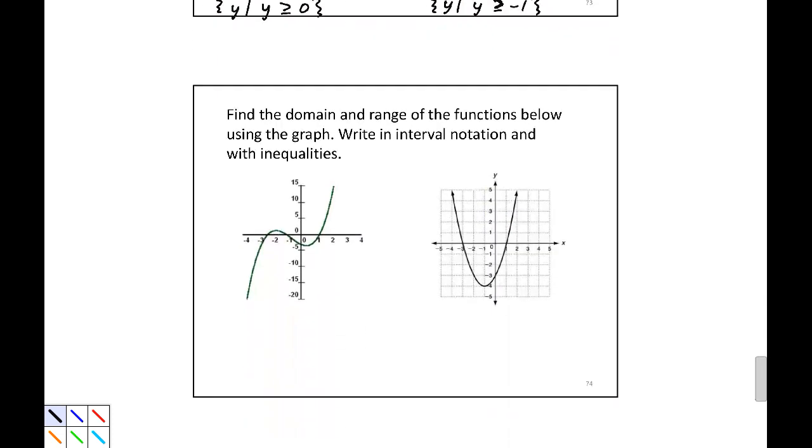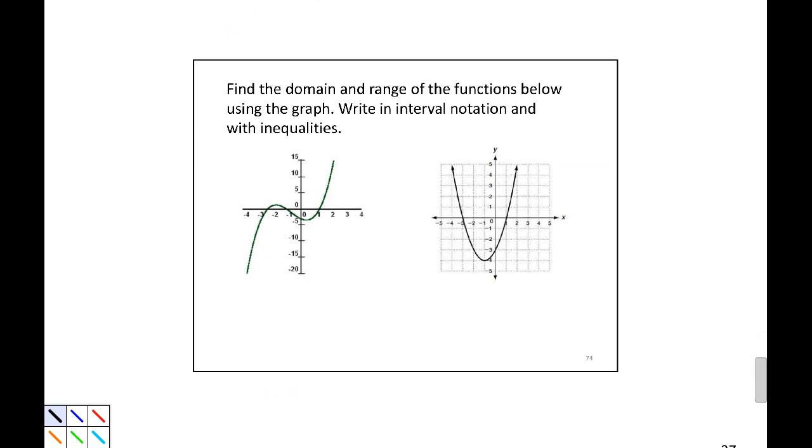Our last example is going to be find the domain and range of these functions. Well, the first actually continues going to the left, continues going to the right. Okay, so the domain is -infinity to +infinity, and I'm not going to write this in interval or inequality notation, since that's all real numbers.